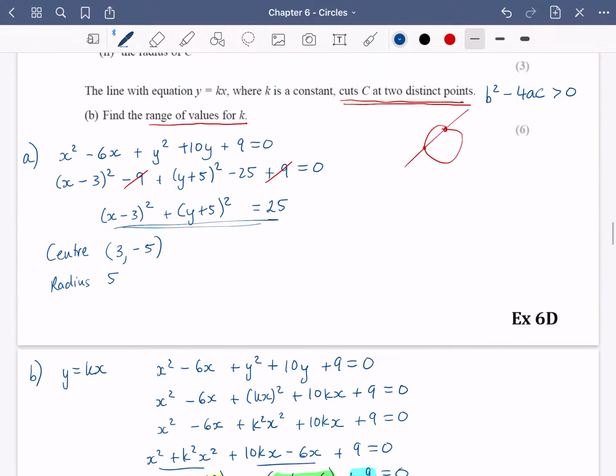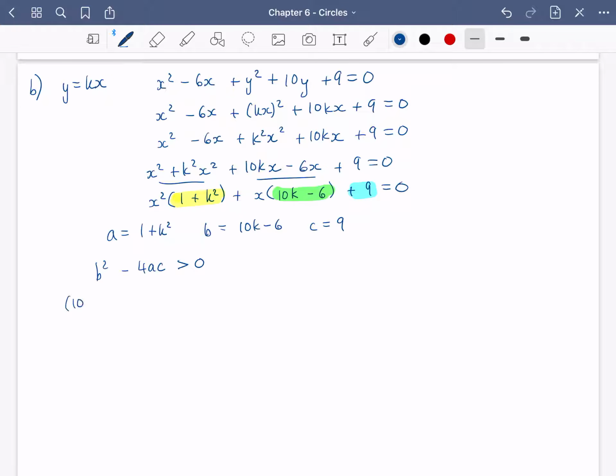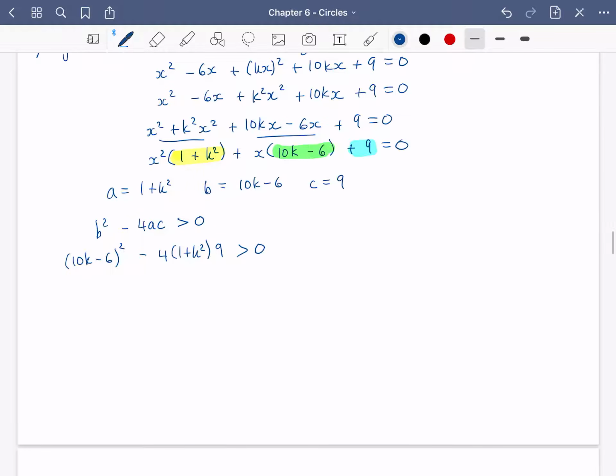Now remember what we wrote here. We want that b squared minus 4ac to be greater than 0. So b squared minus 4ac is going to be greater than 0. So we have 10k minus 6 squared minus 4 multiplied by a multiplied by c is greater than 0.